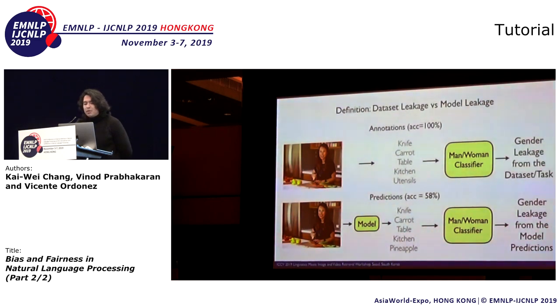It produced an accuracy of 58%. The ground truth labels are, of course, 100% correct, or at least we assume so. I mean, there might be some annotation errors, I'm ignoring that. But you get 58% here. However, the gender classifier on top of these outputs can predict the gender at a higher accuracy than on the ground truth labels.